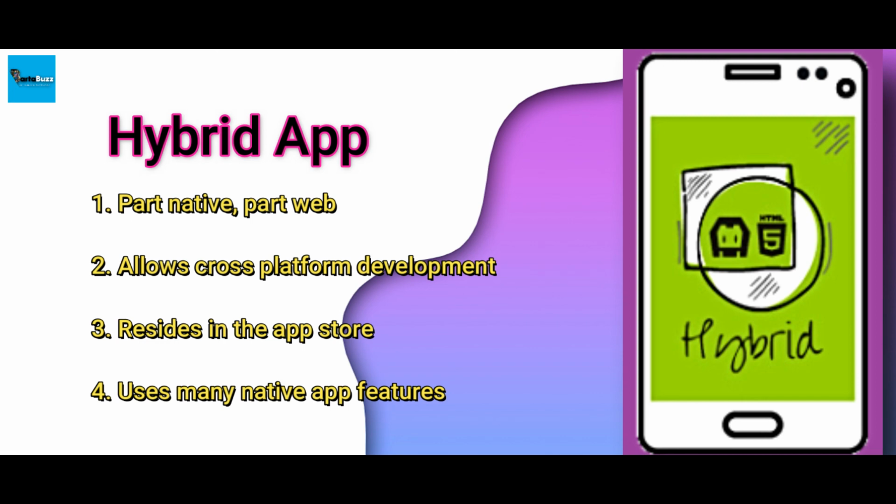One thing you have to keep in mind: if you have a less budget, then you can go for a hybrid app, and if you have enough budget to create an app, then I will suggest you to go for a native app. I will not suggest you to have a web app. I've given the points, but I will not suggest the web app. If you have enough money, then go for the hybrid app, and if you have enough money for creating an original app, then just go for that native app, right?